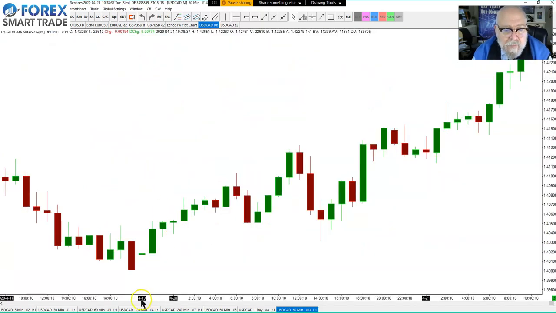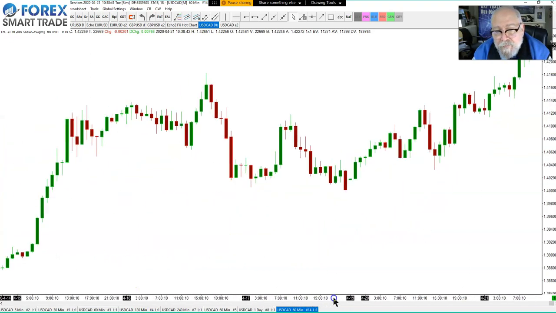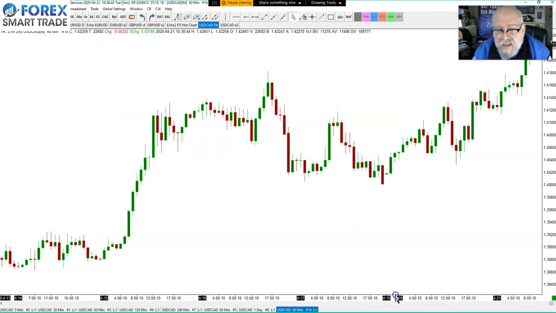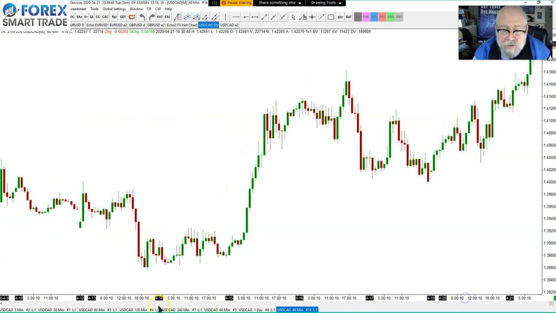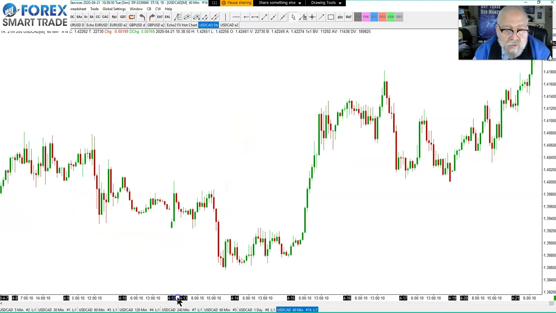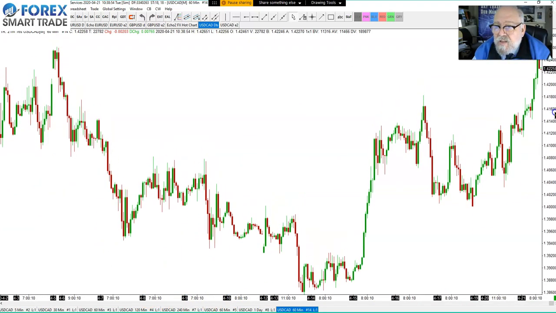I'm going to open this up. I am going to crunch them up. USD Canadian is not a pair that I normally trade, so I don't have support and resistance already on it. I want to put support and resistance on it.